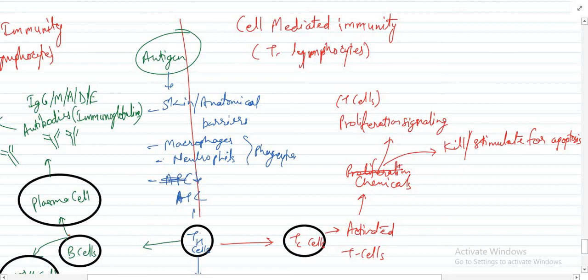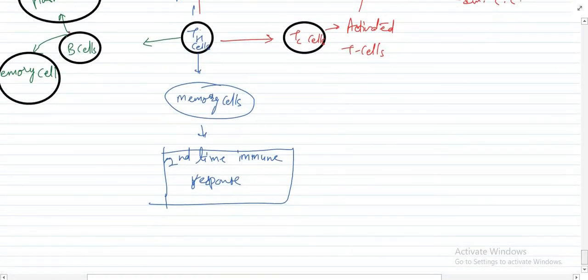So they stimulate apoptosis in cells which might be antigen-compromised cells, tumor cells, or immunocompromised cells. They go there and start bursting and killing them.